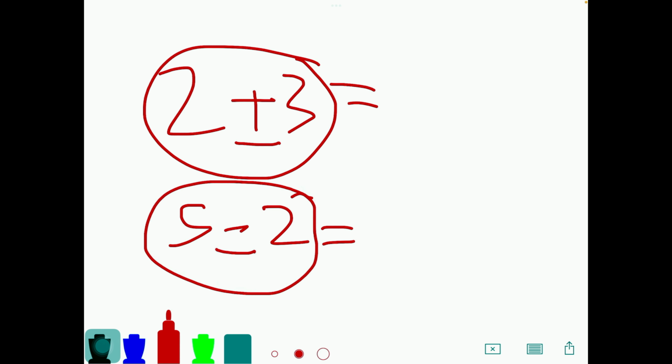But actually there is one more symbol for both of these. That's the plus sign in front, because if there isn't any sign at the start of an equation or an expression, that means it has a plus sign.